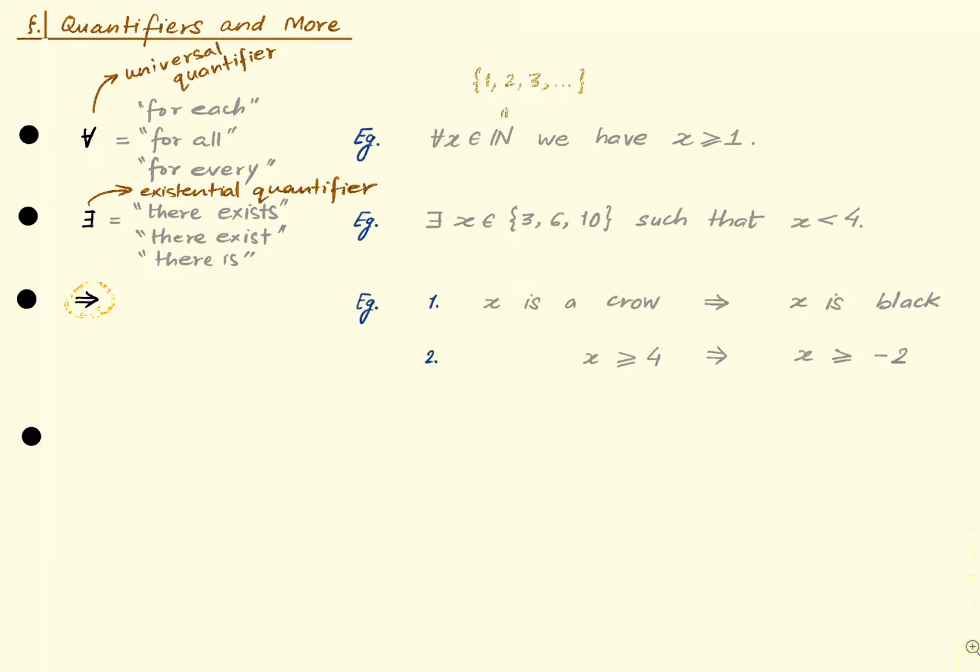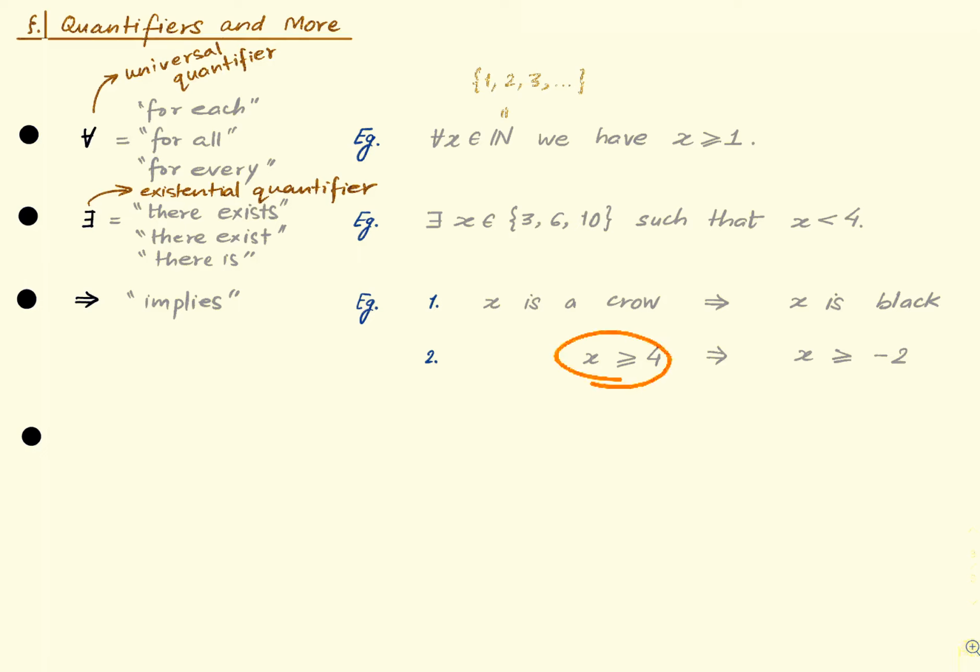This is not a quantifier. This is shorthand for implies or a synonym of it. So let's see an example. X is a crow, the bird crow, implies that X is black because we are assuming that all crows are black. Of course, you can always find a crow somewhere which is not black because it's an albino crow or something, but try to understand what I'm trying to say rather than find faults at every little thing.